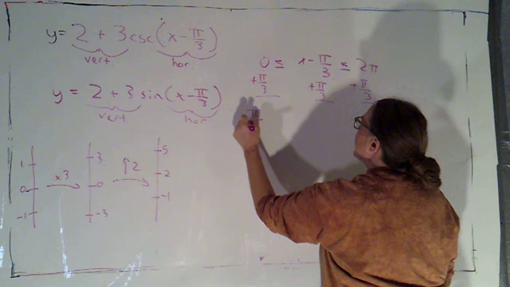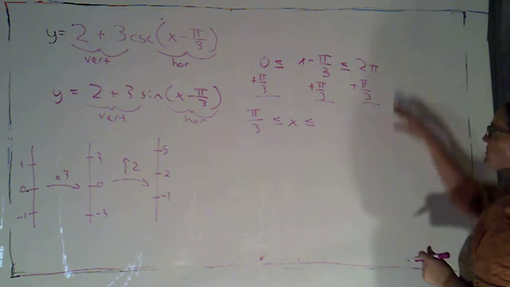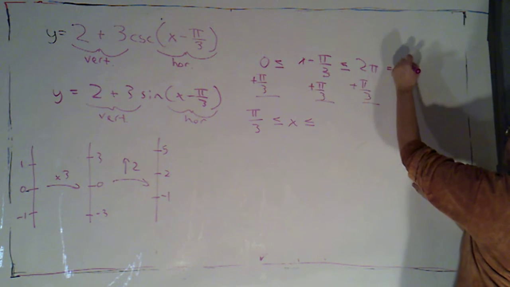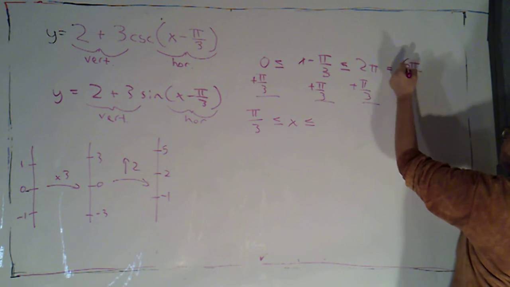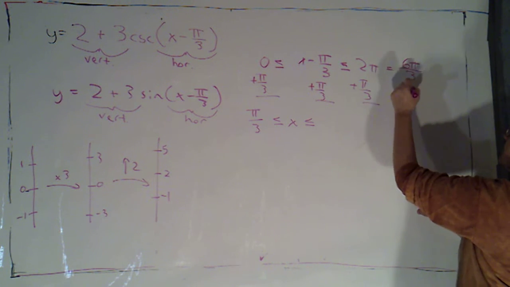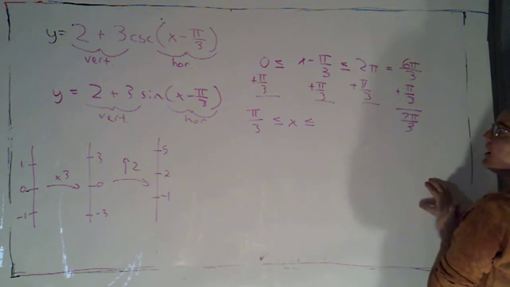So I'm going to have pi over 3 less than or equal to x less than or equal to. Now over here I've got 2 pi. I'm going to just remind myself that that's the same as 6 pi over 3, because 6/3 would reduce to 2, plus pi over 3. That's going to be 7 pi over 3.